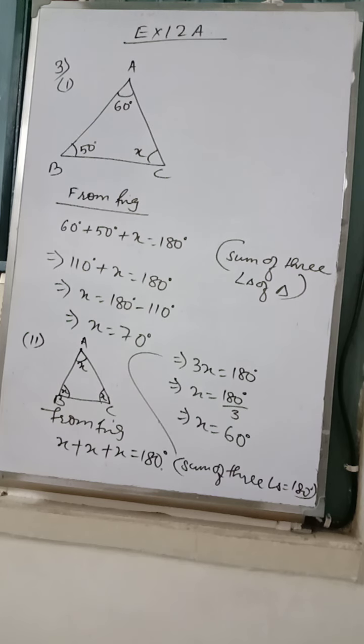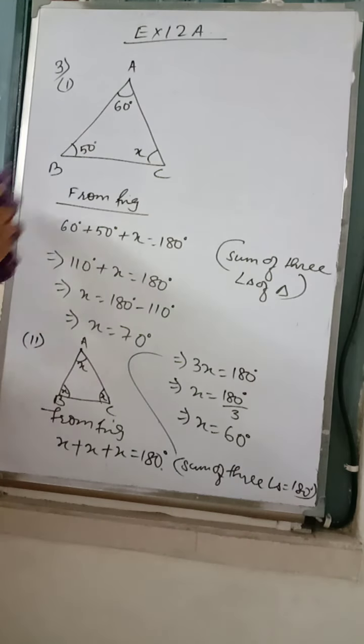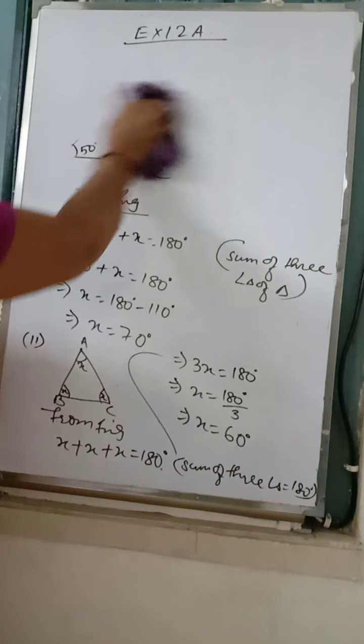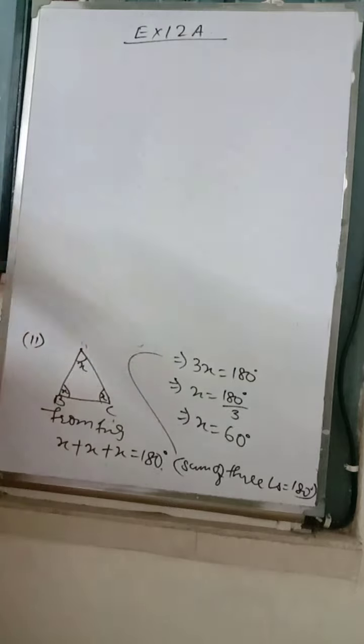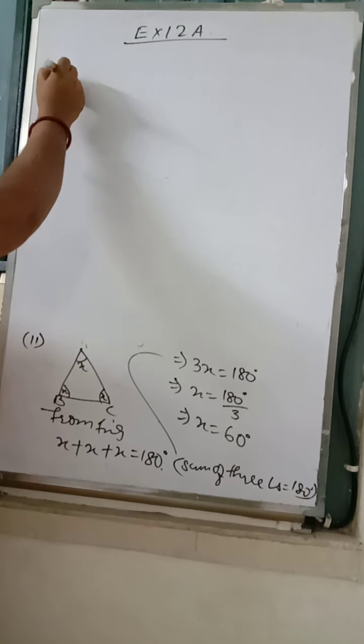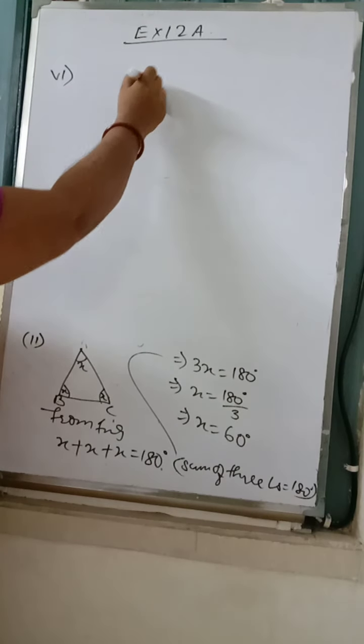You can see, up to 5 there is no problem. Now look at question number 6. This is 1, 2 I have done. Look at question number 6. Here, picture sum number 6. You have been given a figure.